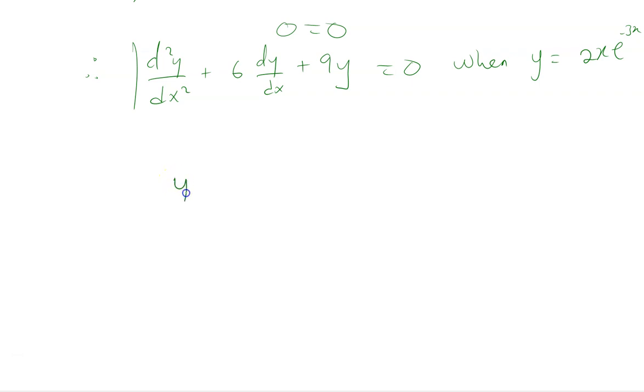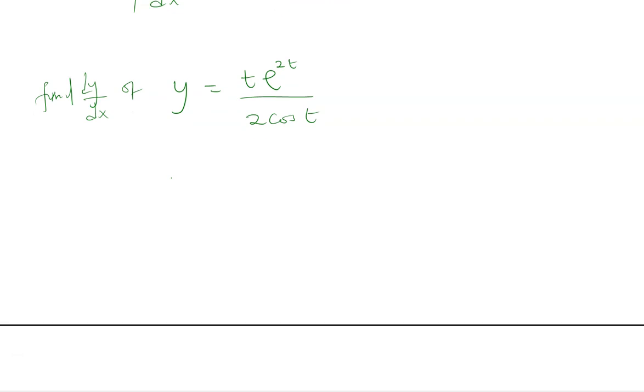That is y equal to t e^(2t) all divided by 2 cos t. The question says that we should differentiate this. Find dy/dx of y equal to t e^(2t) over cos 2t.